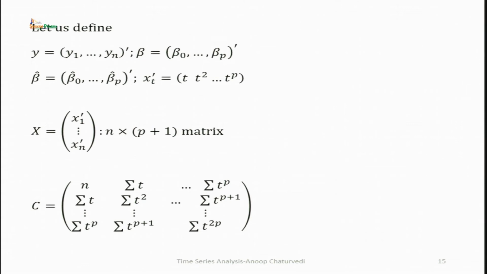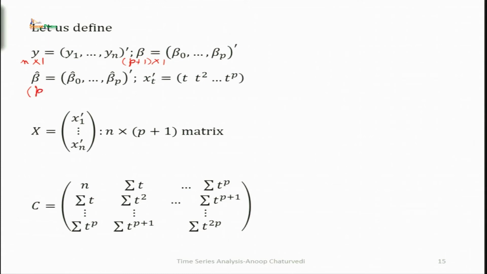Just to further simplify things, we introduce more notations. We write y equal to y 1, y 2, y n, beta equal to beta naught, beta 1, so on, beta p, transpose. So, this is an n cross 1 vector, this is a p plus 1 cross 1 vector, and beta hat is the vector formed by corresponding least square estimators.